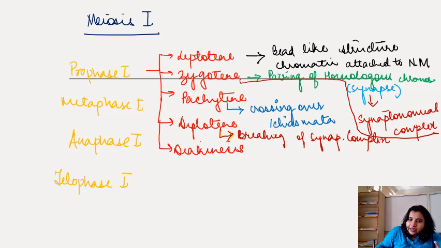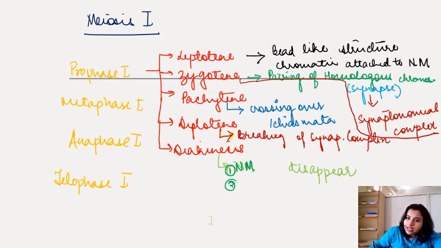And in diakinesis, we have seen that the nuclear membrane, NM stands for nuclear membrane, disappears, right? This is what is taking place in diakinesis: the nuclear membrane disappears, and what else is happening?